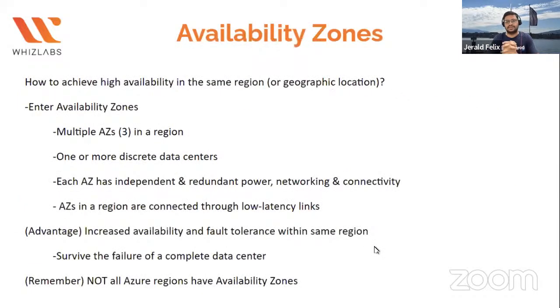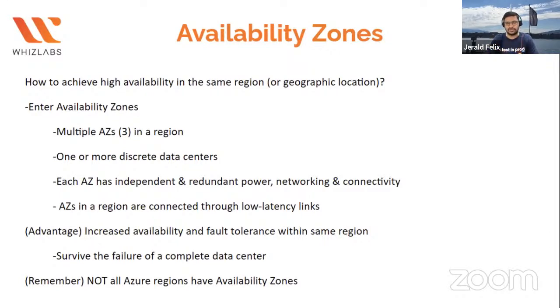So next comes the availability zone. An availability zone is having multiple data centers in the same region. Say for example, in Mumbai there will be 2 or 3 different availability zones, multiple availability zones in a region. If one availability zone is affected, it won't have any impact on the other availability zones.